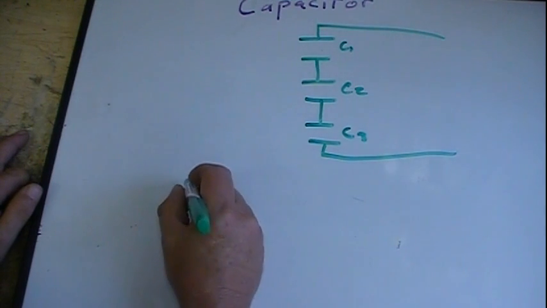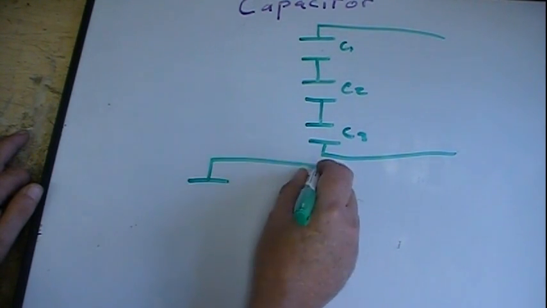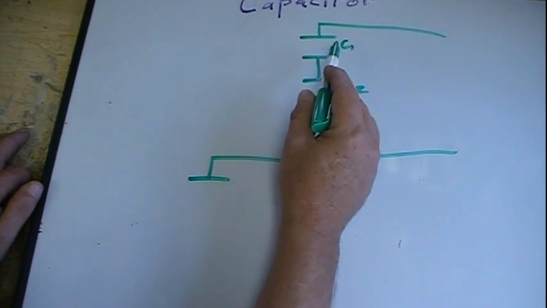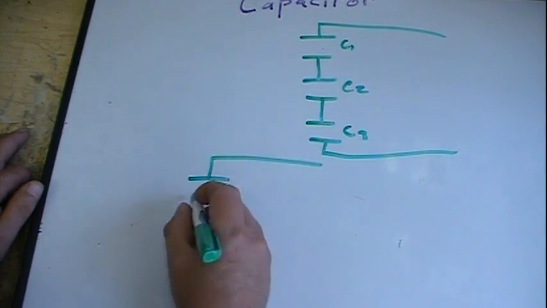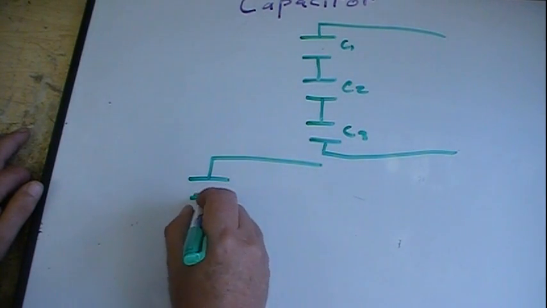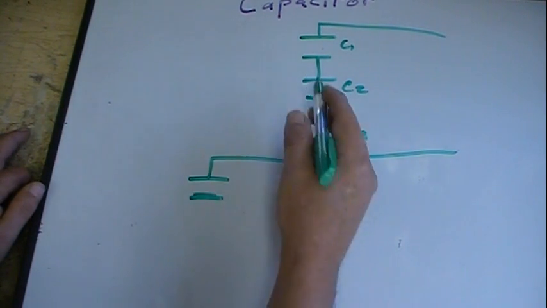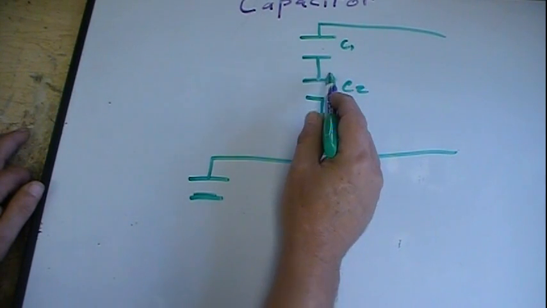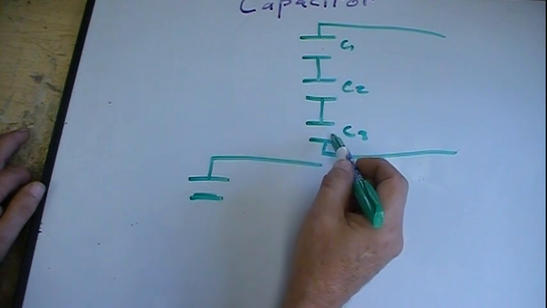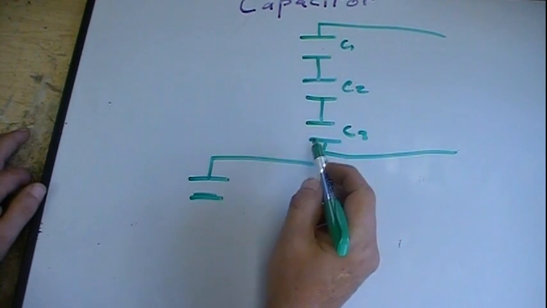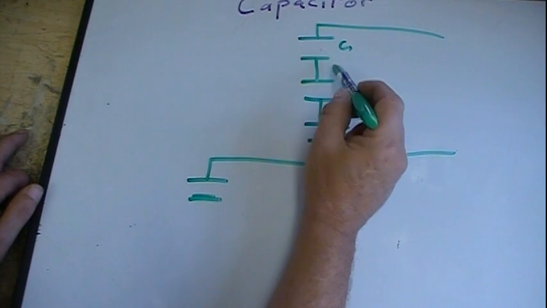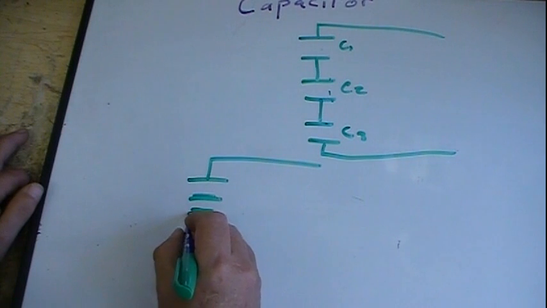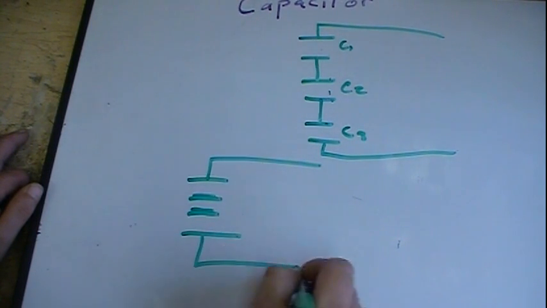So we've got a lead going out to our circuitry, and then this one and this one are basically two together, and then we come down to the next one here. So this one and this one is this one, and this one will be this one.